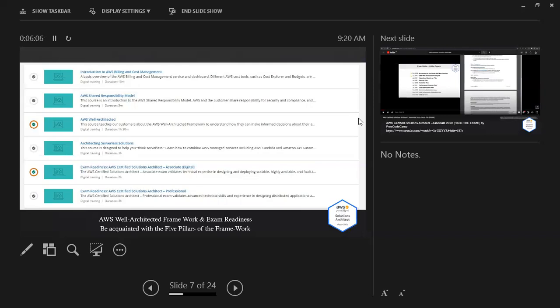Guys, it is very, very important that you are acquainted with the 5 pillars of the AWS Well-Architected Framework.